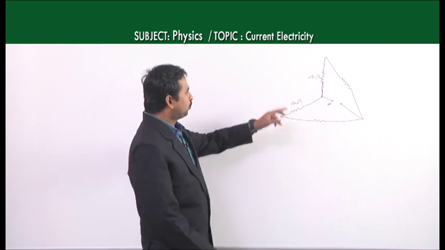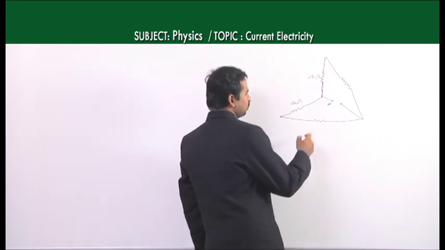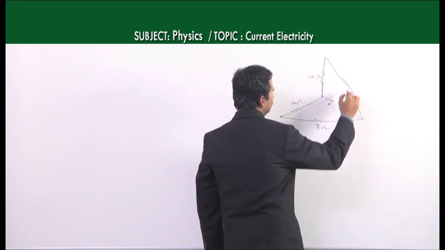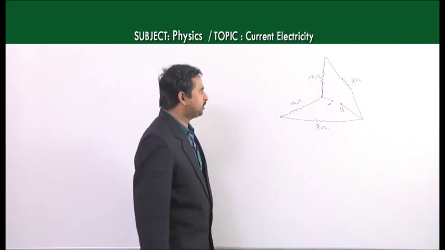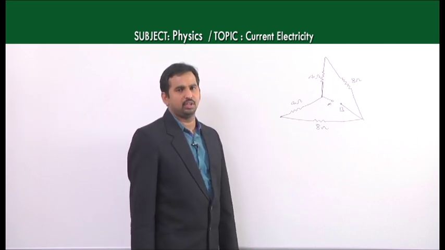So 4 ohms, and let us suppose these two are again 8 ohms and 8 ohms. And what we need is the equivalent resistance between this A and B.